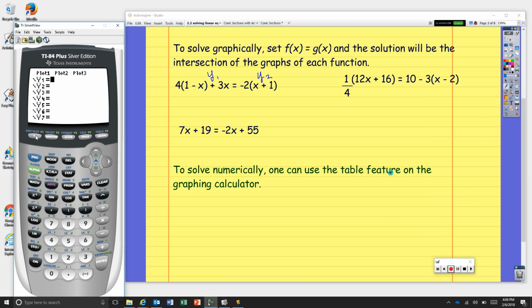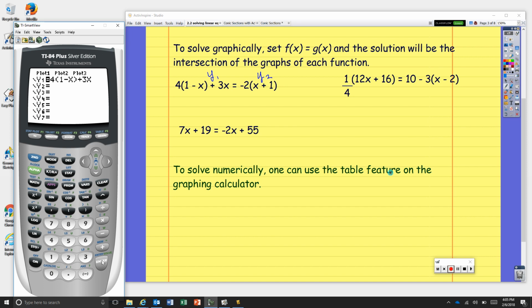So press your y1 key, type it in exactly as it is, 4 parenthesis 1 minus x parenthesis plus 3x.